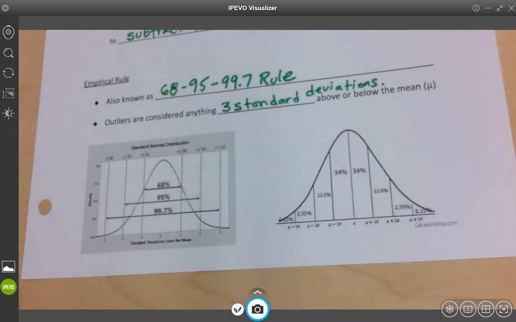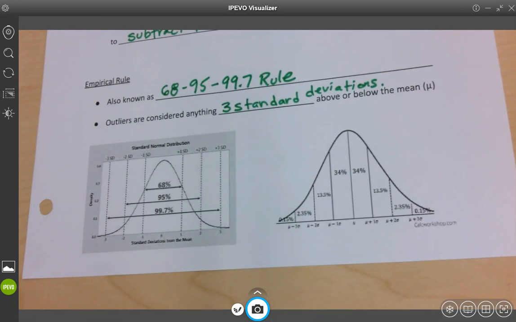Okay. They're called outliers. They're not trying to be mean. They're just saying you are uniquely tall or uniquely short if you are more than 3 standard deviations above or below the mean.